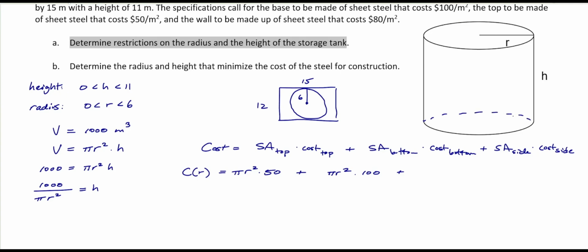So if we were to peel the side, it's one long rectangle that's curved around on itself, and the length of the rectangle is just 2 pi r, which is the circumference. So the surface area of the side of a cylinder is given as 2 pi r times h. And then the cost of that side is, I believe, $80.